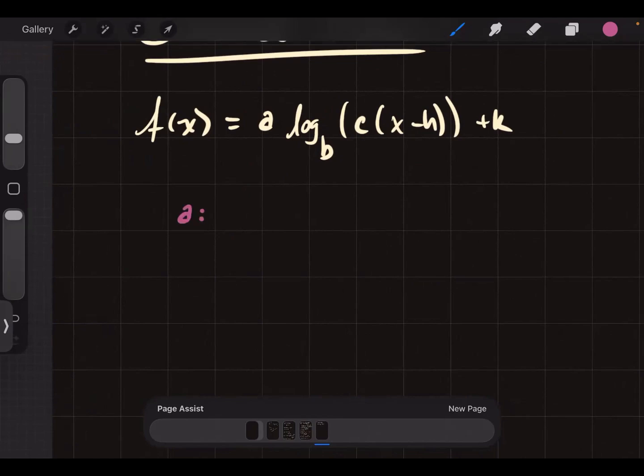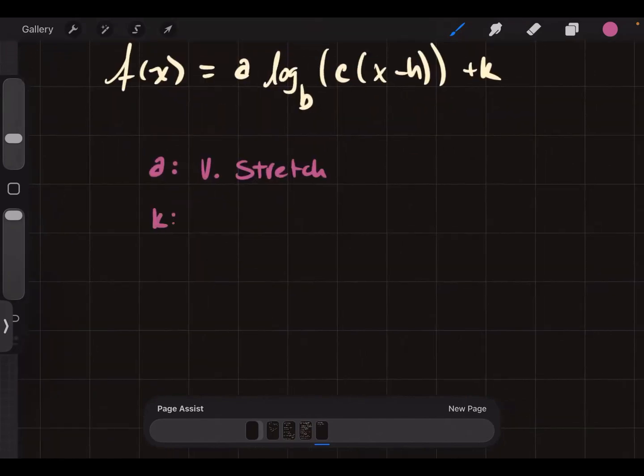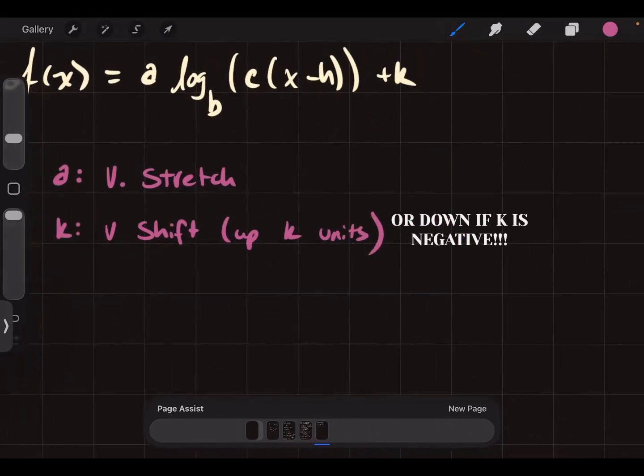A is going to be your vertical stretch. If you notice, the stuff on the outside always deals with the vertical business. Your k is going to be your vertical shift, up k units. Leave x alone.